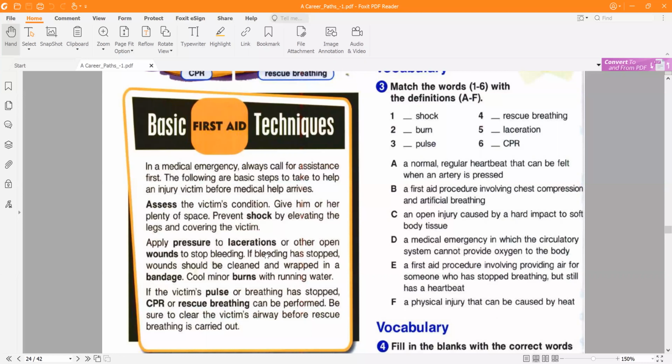Prevent shock by elevating the legs and covering the victim. Wound should be cleaned and wrapped in a bandage. Cool minor burns with running water. If the victim's pulse or breathing has stopped, CPR or rescue breathing can be performed. Be sure to clear the victim's airway before rescue breathing is carried out.